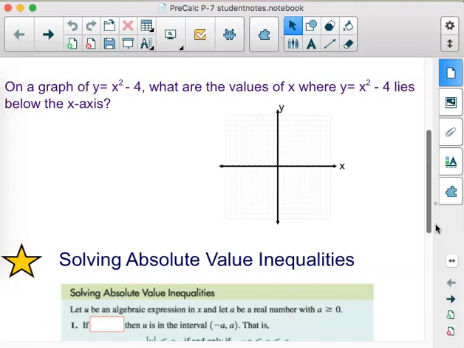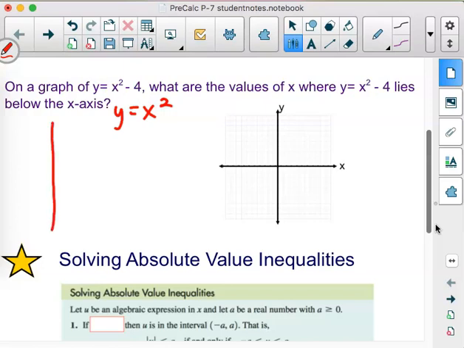On a graph of y equals x squared minus 4, what are the values of x where y equals x squared minus 4 lies below the x-axis? So the first thing I'm thinking is, there's my parent function, a good old quadratic family.